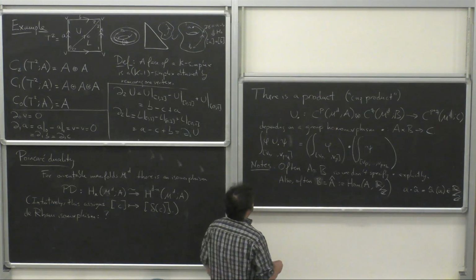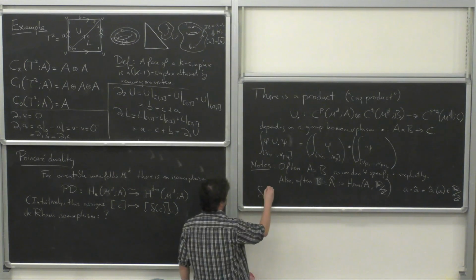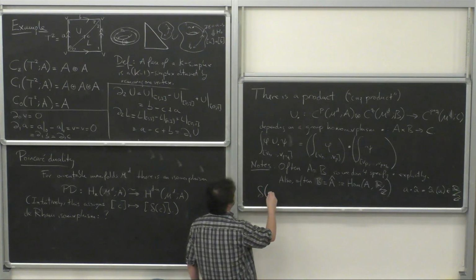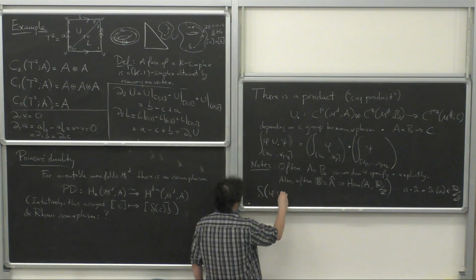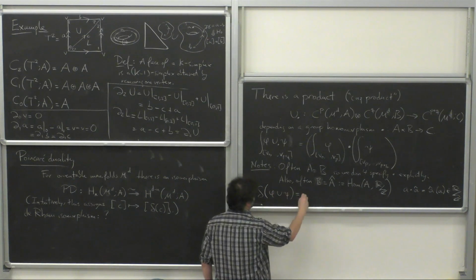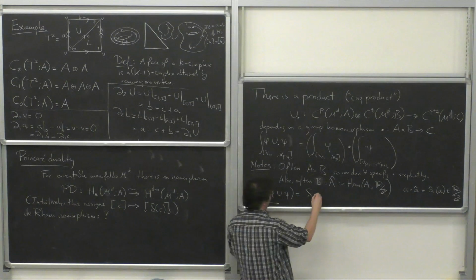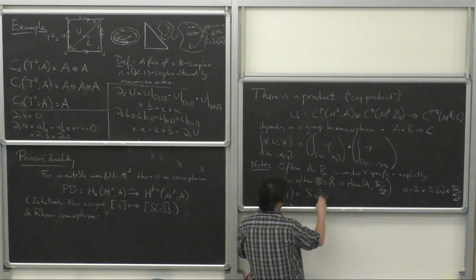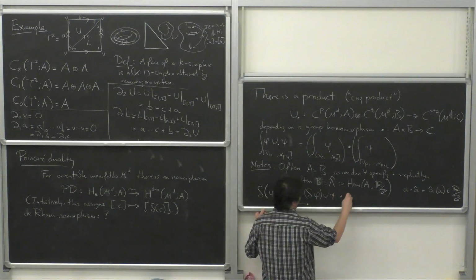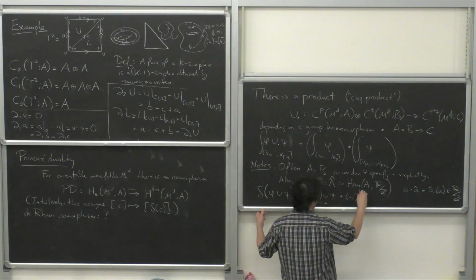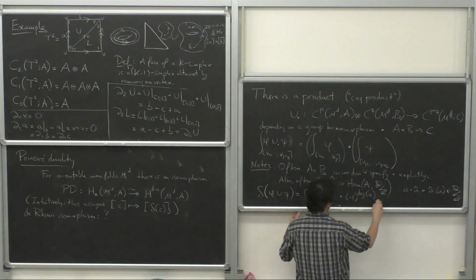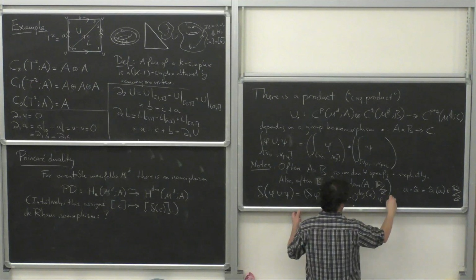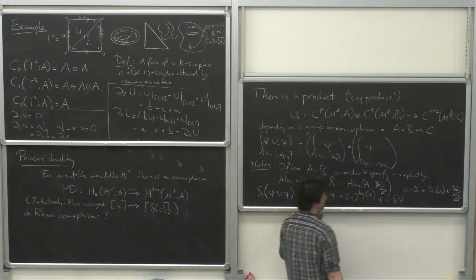Okay, more properties. If you take the coboundary, this operator d, with the cap product, it behaves nicely. So this is the boundary of phi, cap product with psi, plus (-1) to the degree of phi, phi cap product with the coboundary of psi.